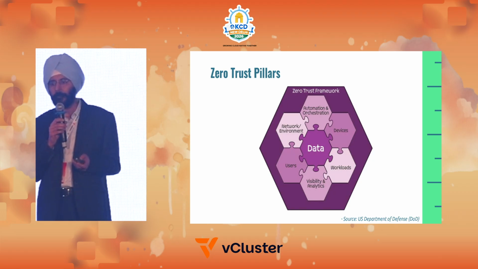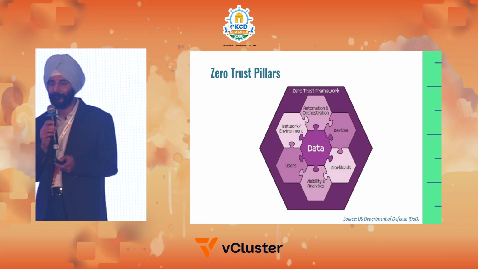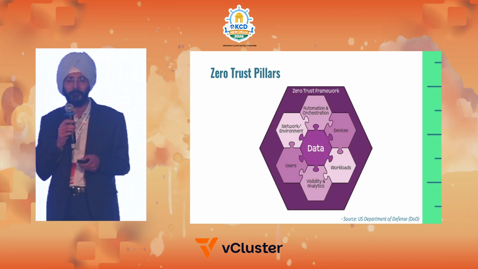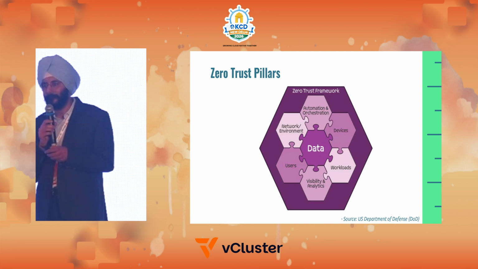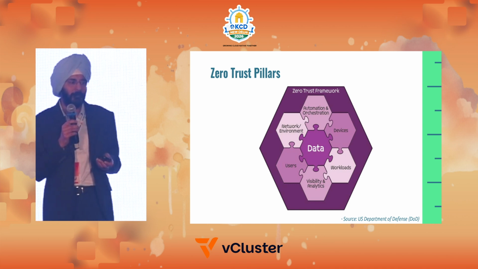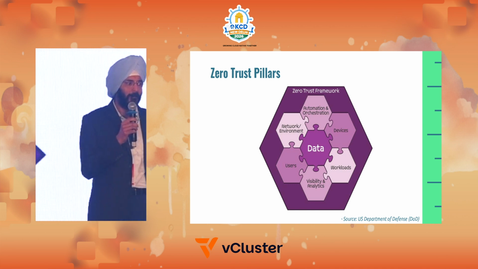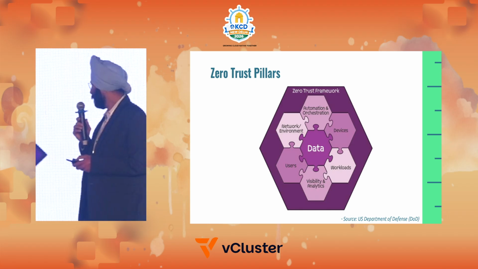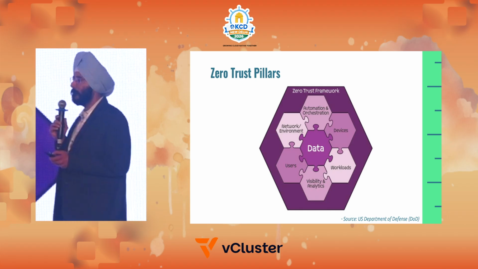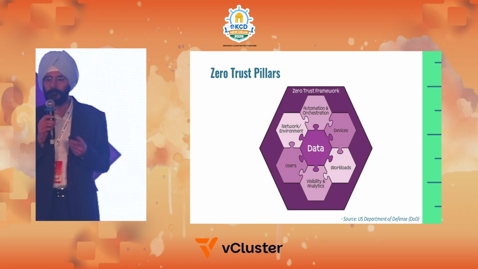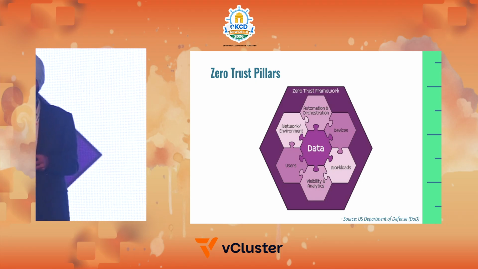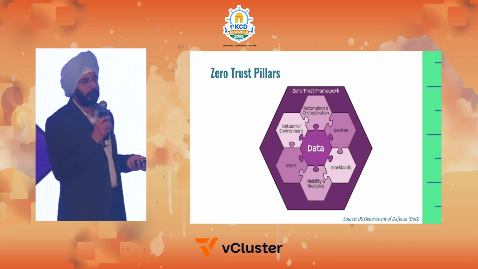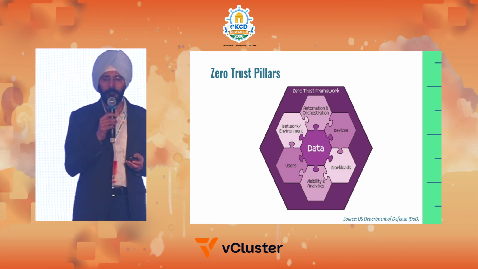We are living in a hyper connected world where mobile devices are always on, and we talk about IoT, so there's probably a SIM card in each and every place in a smart factory. So again, you have to continuously verify all those areas. Your workloads: who is actually running our job or workload, what kind of permissions they have, what kind of resources they have to use. That is again important.